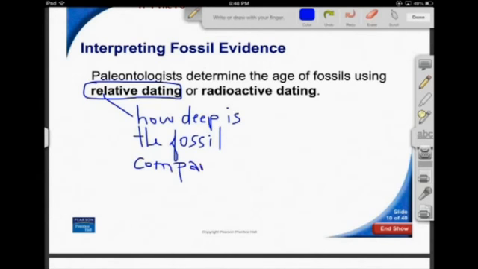So if I find a fossil that's relatively shallow, maybe it's a few thousand years old, if it's on the top, well, relative to a fossil I found much further down, I do have a sense of how old one thing is compared to another. I can't say absolutely, but I think you have to be very careful with this.